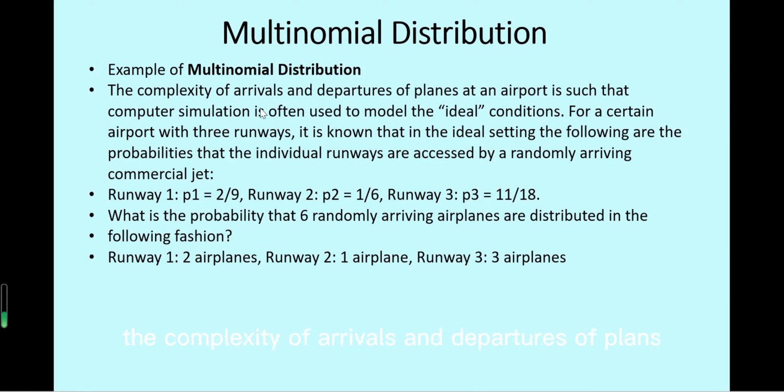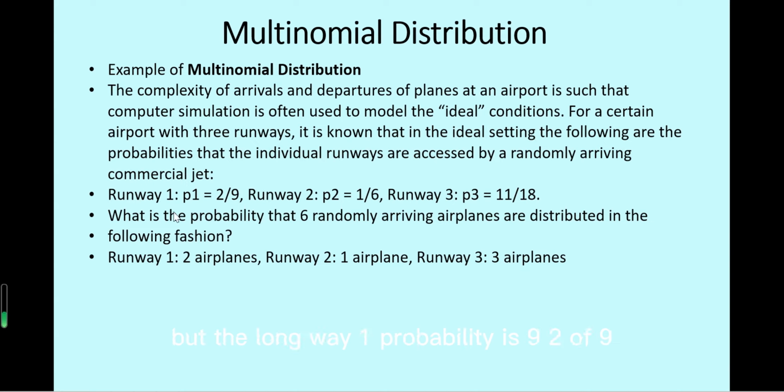The complexity of arrivals and departures of planes at an airport is such that computer simulation is often used to model the ideal conditions. For a certain airport with 3 runways, it is known that in the ideal setting, the following are the probabilities that the individual runways are accessed by randomly arriving commercial jets.